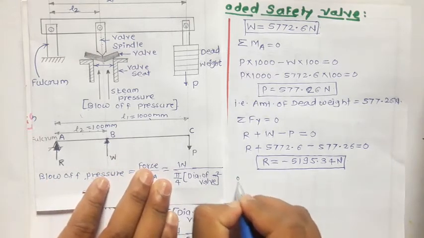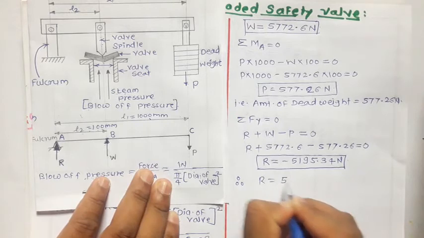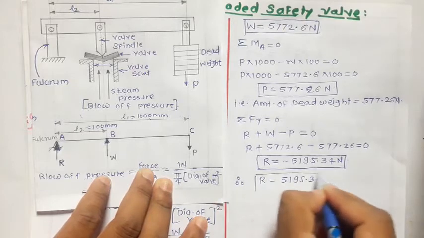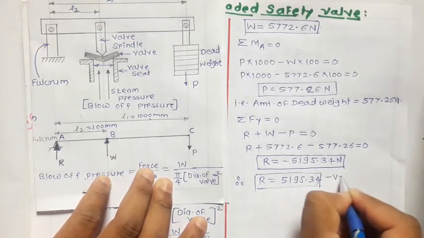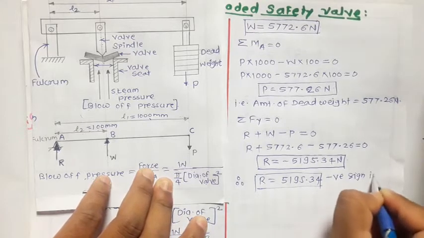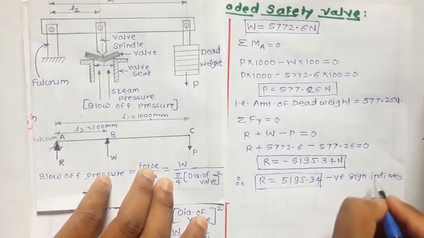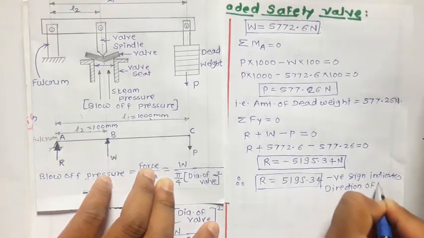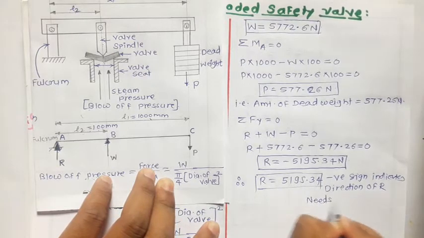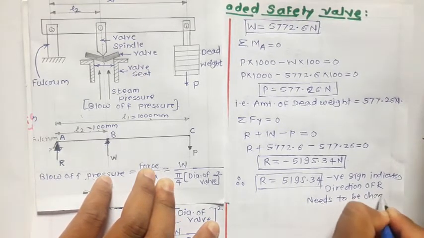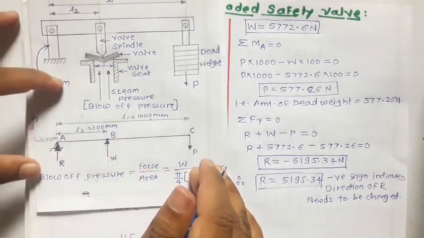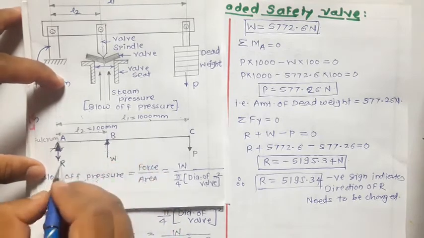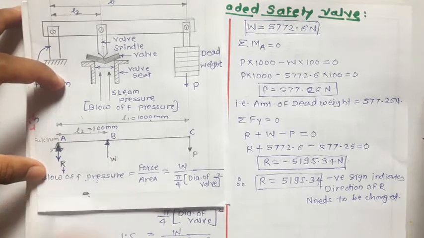So let us write R is equal to 5195.34, and this negative sign indicates the direction of R needs to be changed. So we will change the direction of this R. This is the changed direction of R, in vertical downward direction.